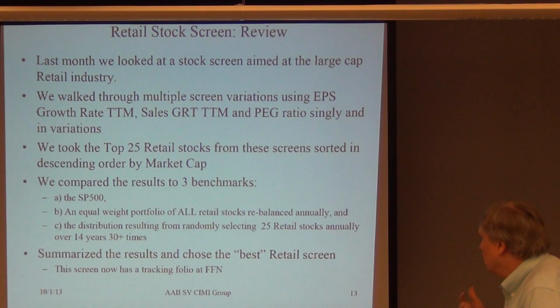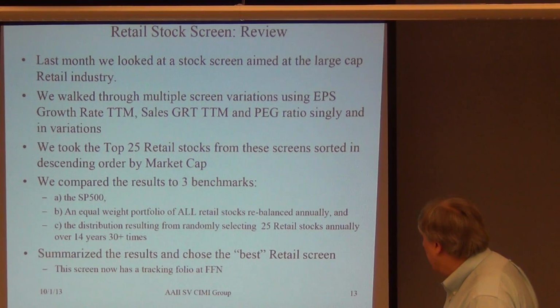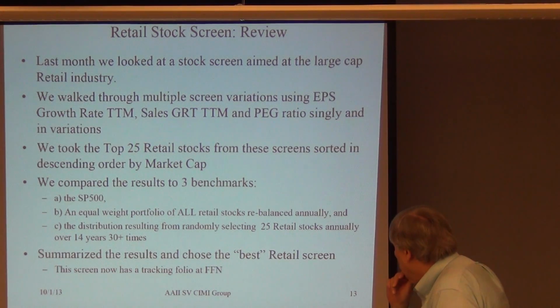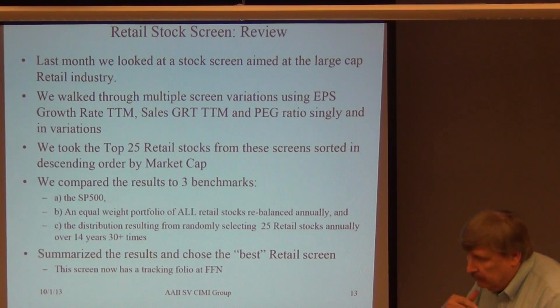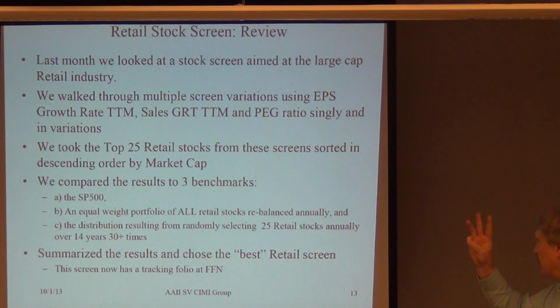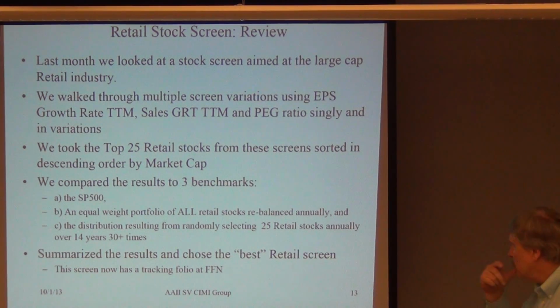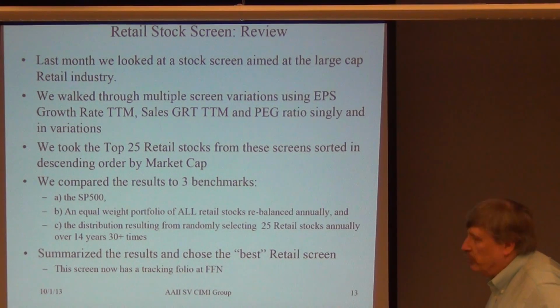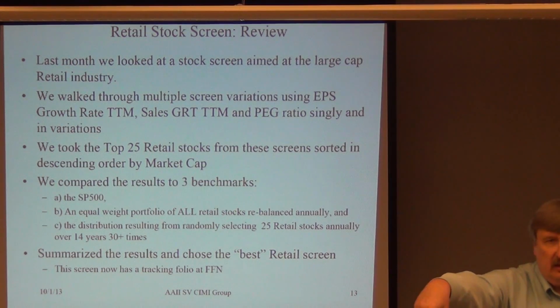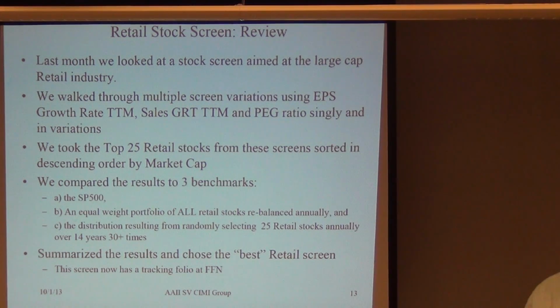What we did is we took the top 25 retail stocks from the screen I'm about to show you and sorted them by market cap. We compared it to three benchmarks: the S&P 500, of course, and an equal weight portfolio of all the retail stocks, rebalanced annually. So this sounds like the stuff John was just talking about.